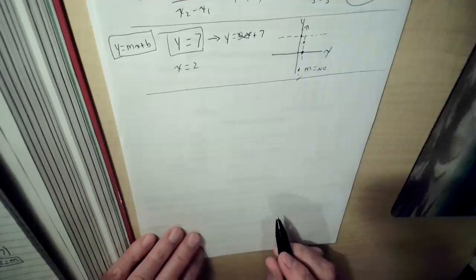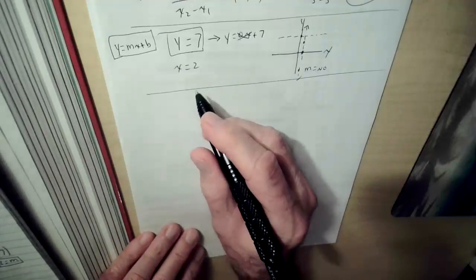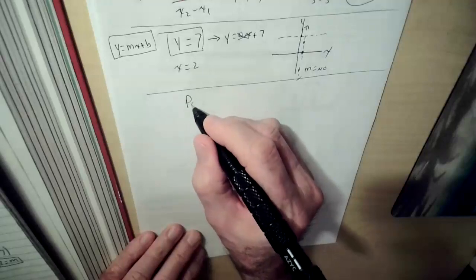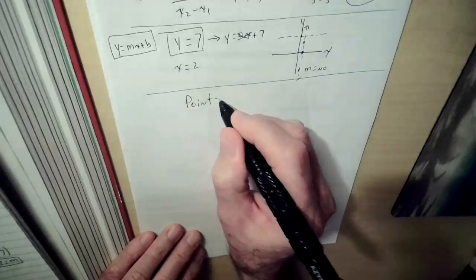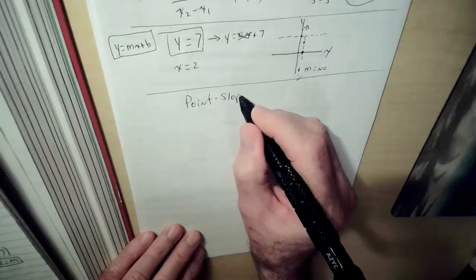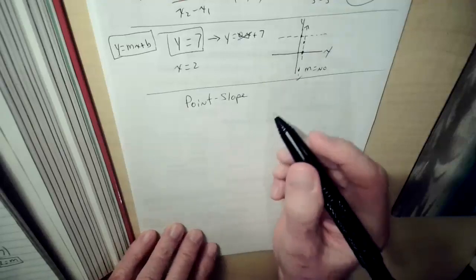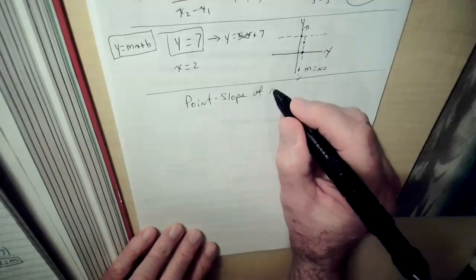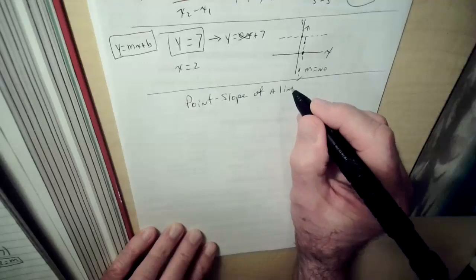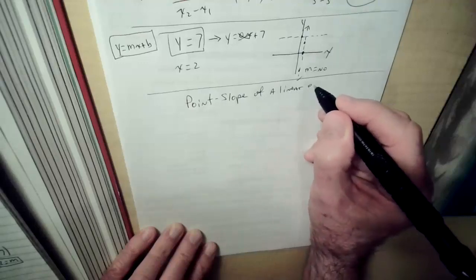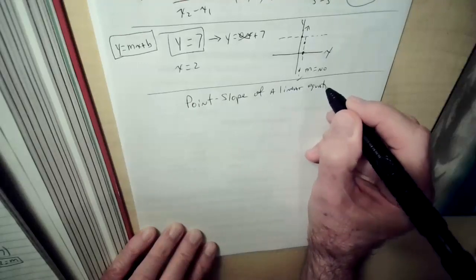Now, we have a new formula. This is called point slope. P-O-I-N-T. A point of a linear equation, L-I-N-E-A-R.